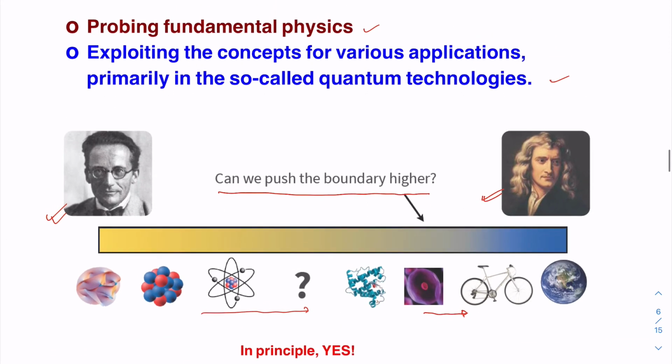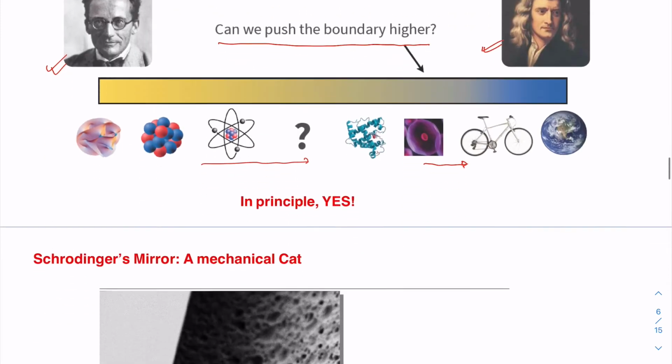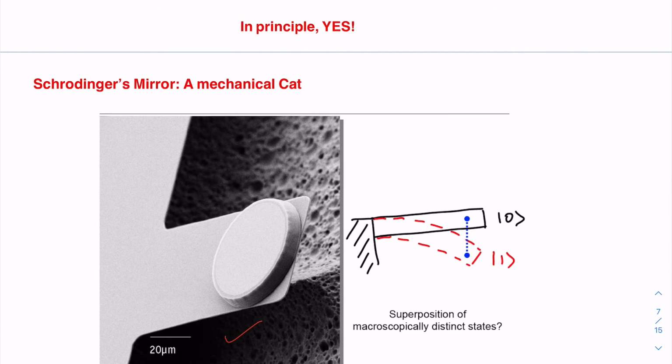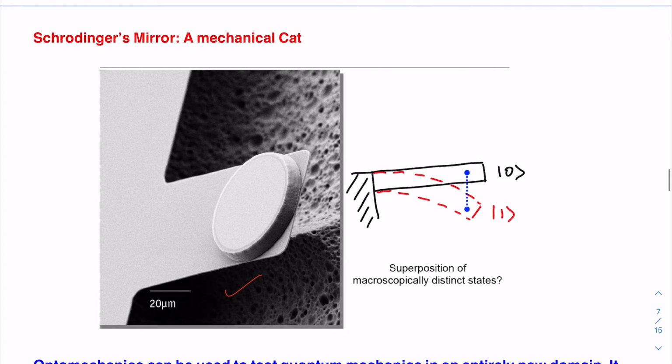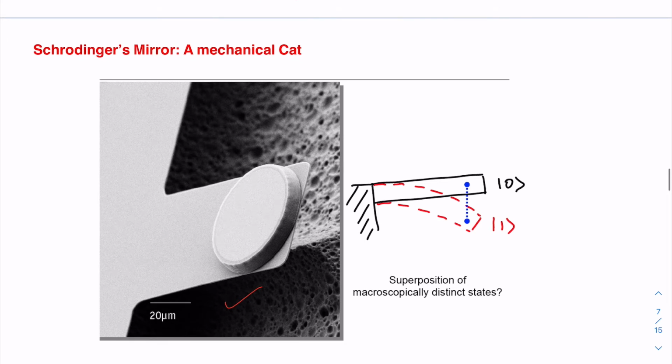But in principle, yes, we can push the boundary higher. Because of this trouble, which is also known as the issue of decoherence, a lot of technological advancement is still to be made to beat it. One example, as all of us know, is the so-called Schrödinger cat problem, which we briefly discussed in lecture 1 of this course.